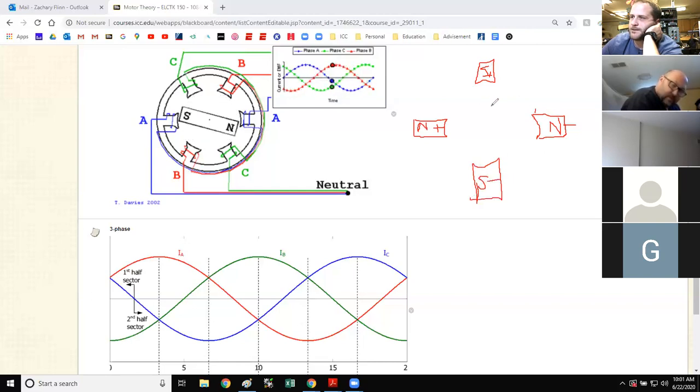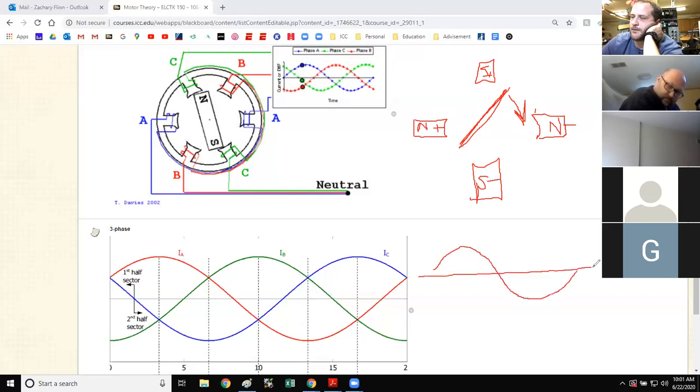Okay, so as that thing is spinning, let's say it's right here, and we're approaching the North Pole, we're going away from the South Pole. So that would be on one sine wave. Instead of having three of these things, you just have one.